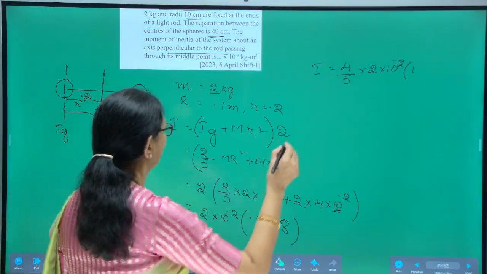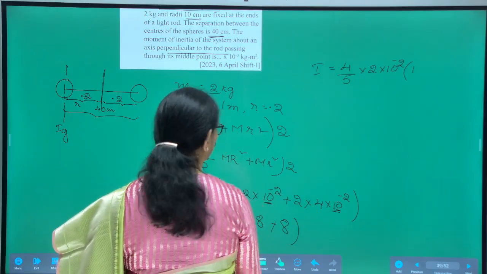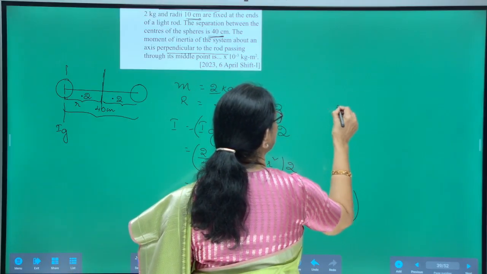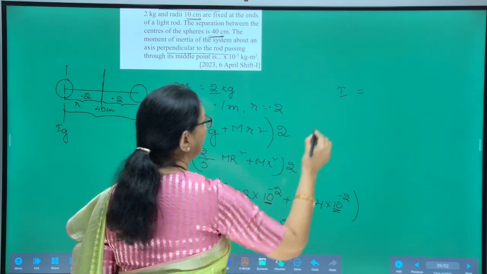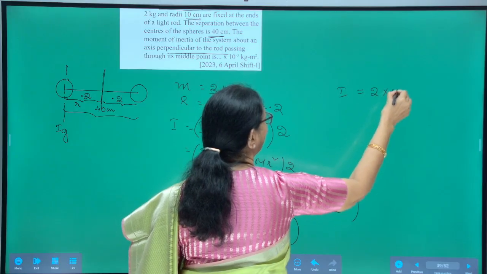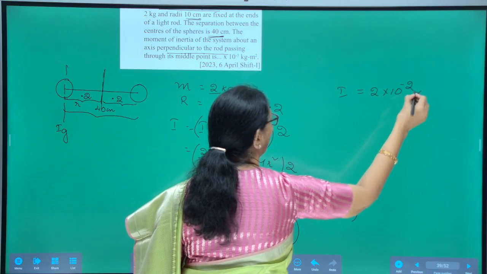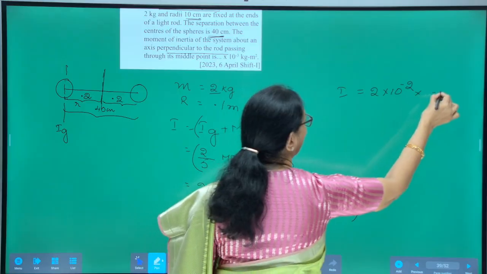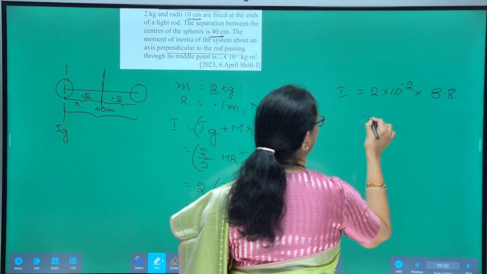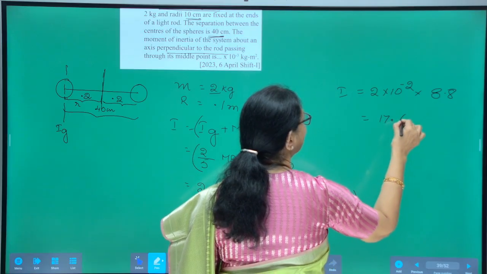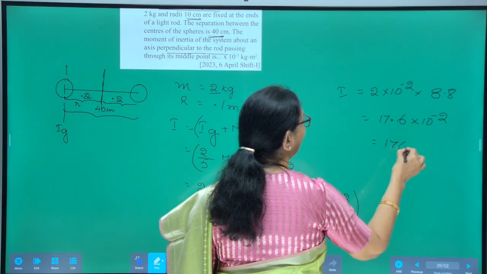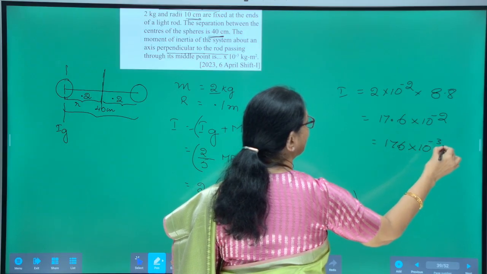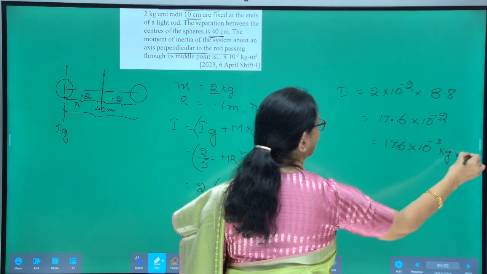So, this is I is equal to, see here, 2 into 10 to the power of minus 2 into 8 plus 0.8 is 8.8. This is 17.6 into 10 power minus 2 or 176 into 10 power minus 3 kg meter square.